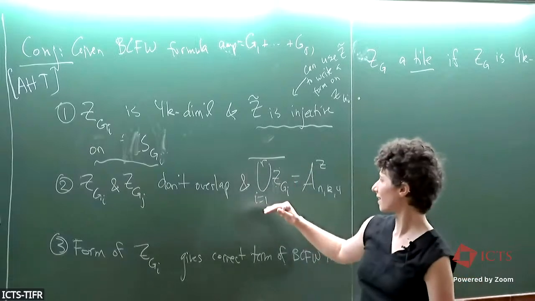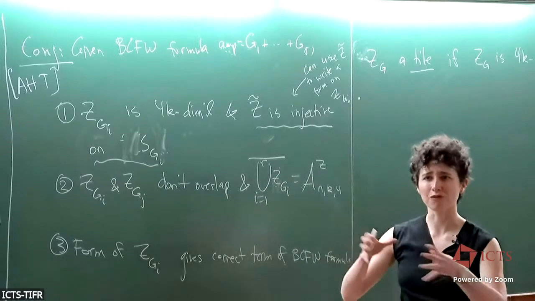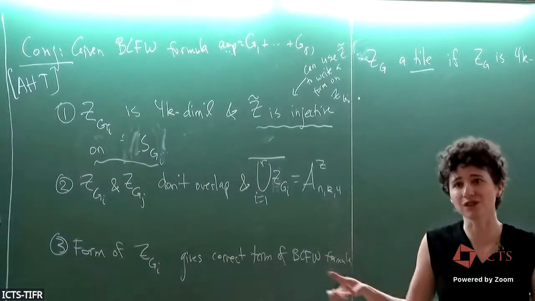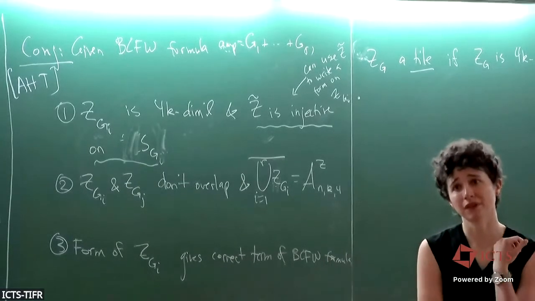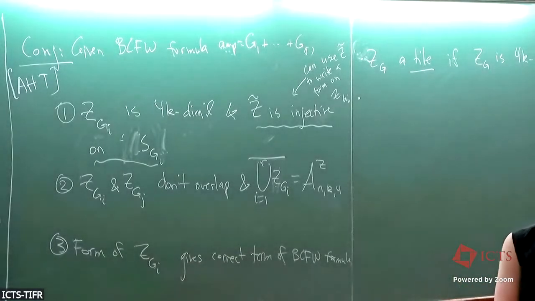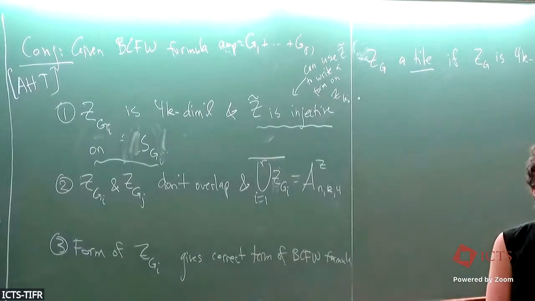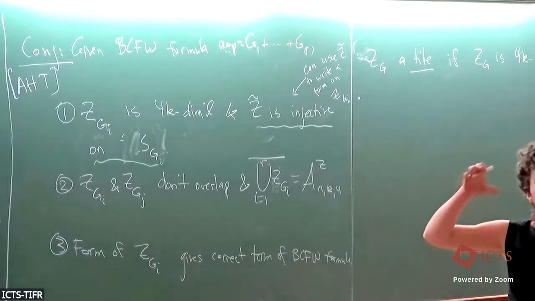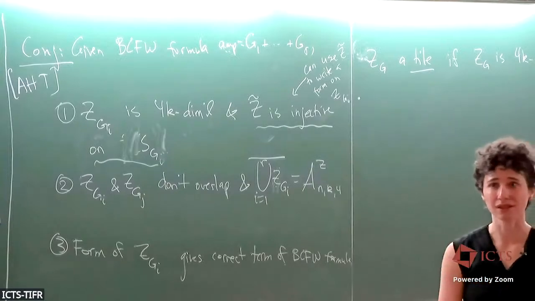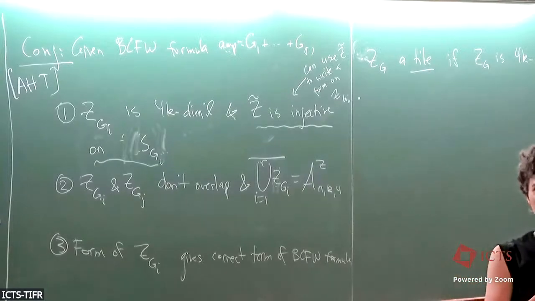The ZGI are some very special positroid cell images, and I don't know a priori that I've taken enough of them. I'm taking a very small subset of the cells upstairs, and then I'm looking at their images downstairs. And they're very far away from covering the whole thing upstairs.